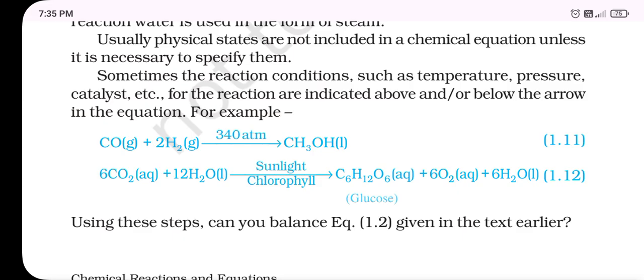In chemistry, one is written as mono, two as di or bi, three as tri, four as tetra, five as penta, six as hexa, seven as hepta, eight as octa, nine as nona, and ten as deca.